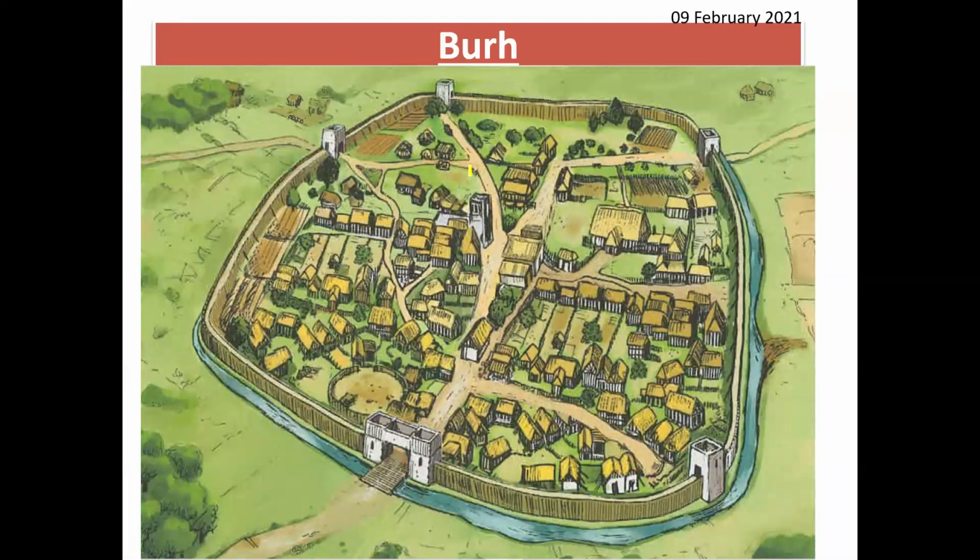So now we've got a burh. This is an Anglo-Saxon fortified town. So we've got some absolutely key parts to our burh. First of all, it's fortified, i.e. there's a wall around it with gatehouses providing control in and out of the place, with roads.